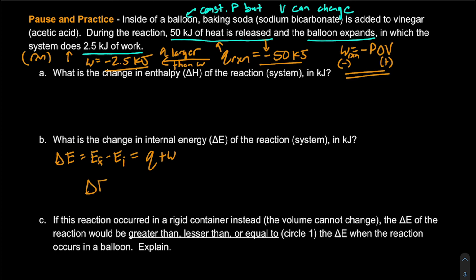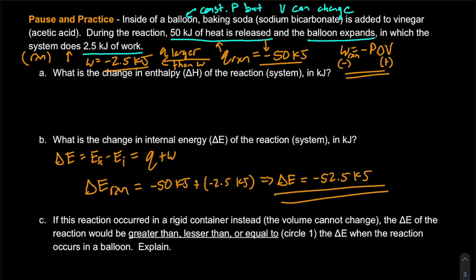So we can say that delta E, to be really specific, for our reaction is Q, which we just said is negative 50 kilojoules, plus work, which is negative 2.5 kilojoules. So the delta E of our reaction is negative 52.5 kilojoules. We see here that when we undergo this reaction, we're releasing energy both in the form of heat and in the form of work.